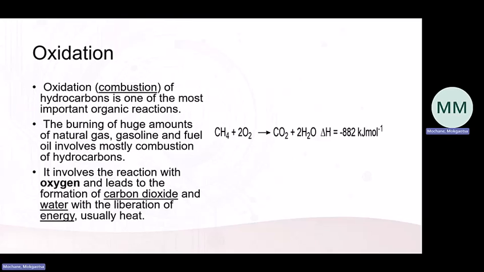But the main purpose is to understand that when you burn these alkanes, no matter which type of alkane you are burning, you will always get carbon dioxide, water, and the release of energy. Then it's just a matter of balancing the whole equation to make sure that what is on the left-hand side equals what is on the right-hand side. That is the rule of a chemical reaction in terms of balancing. I'm sure you're quite aware of that as well.